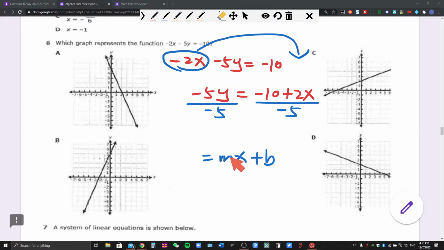Okay, now let's finish that. When you divide, these two will cancel, so you have just one y. And here, negative 10 divided by negative 5 is going to be a positive 2. And 2 divided by negative 5, that's going to be negative 0.4x.